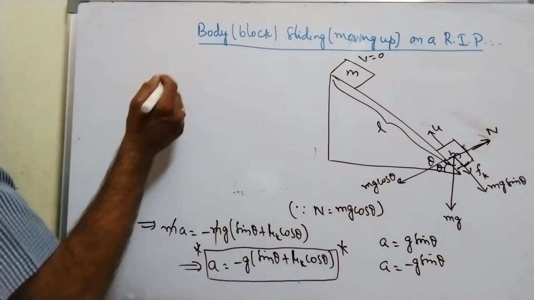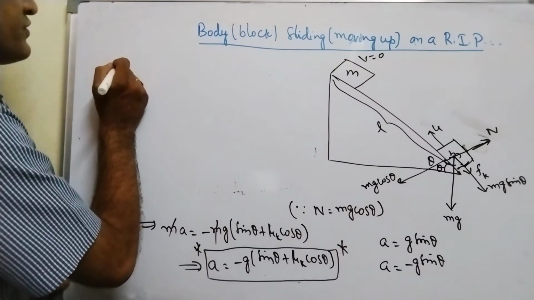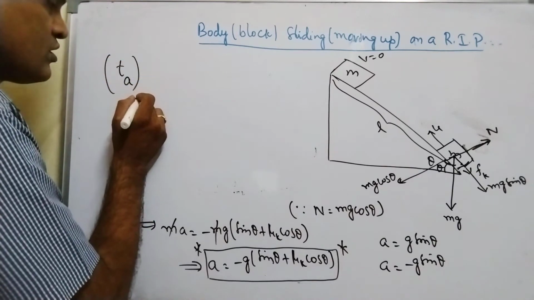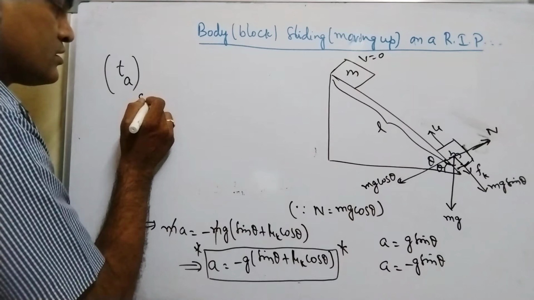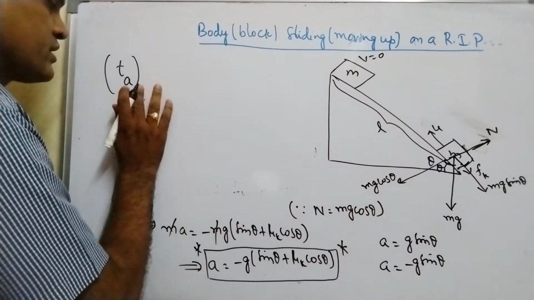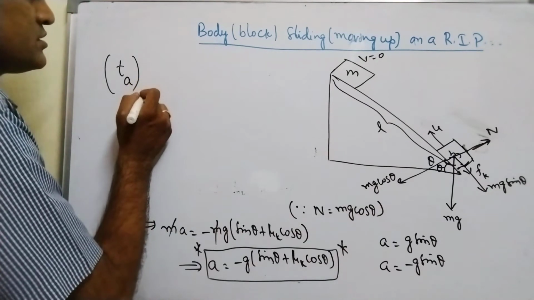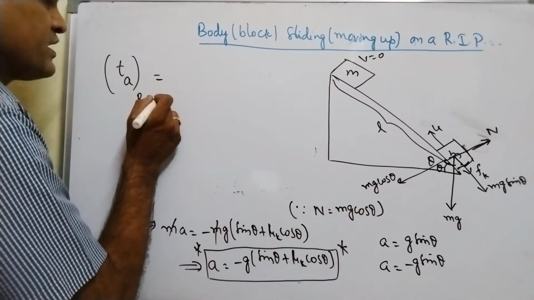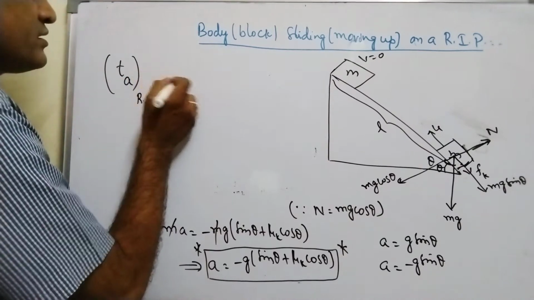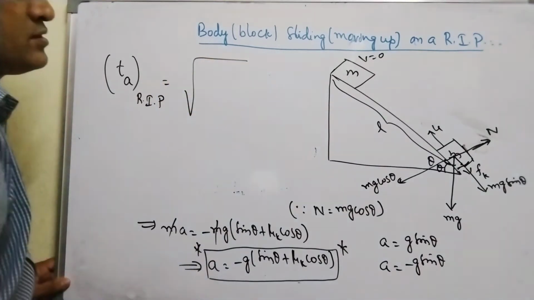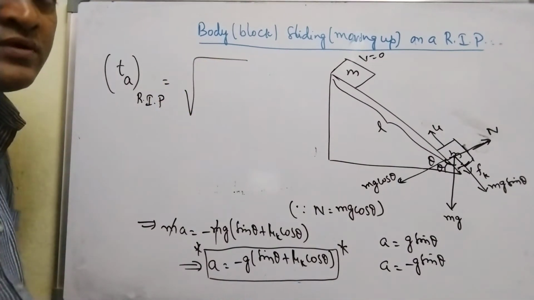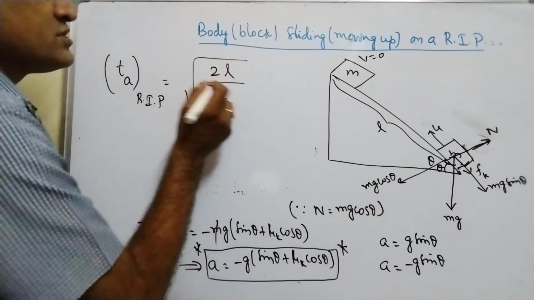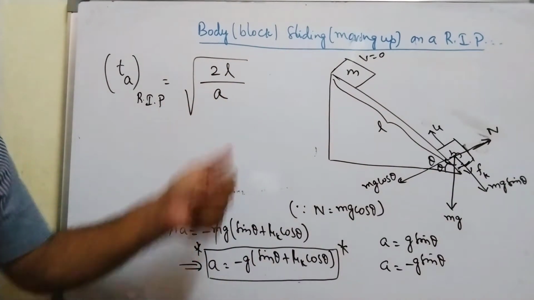Simply, if you remember the formula, the time of ascent in case of a rough inclined plane is, again, root of 2L by A. This is the general formula, where A is the net acceleration.